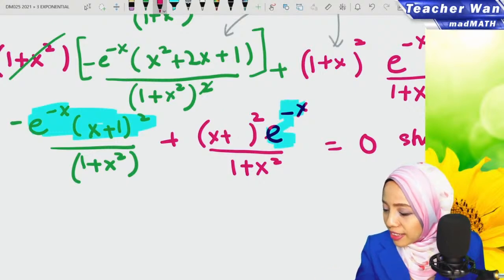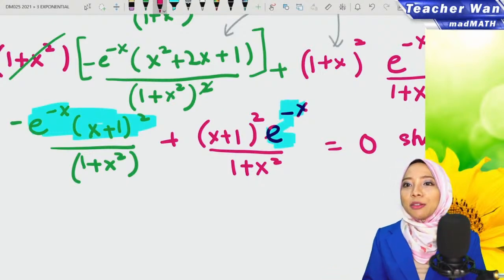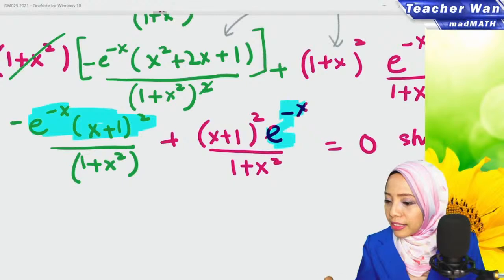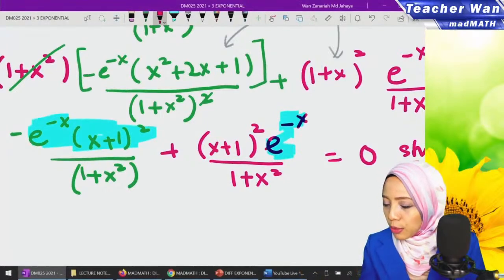Okay, x plus 1. It's the same, right? So, the same thing.